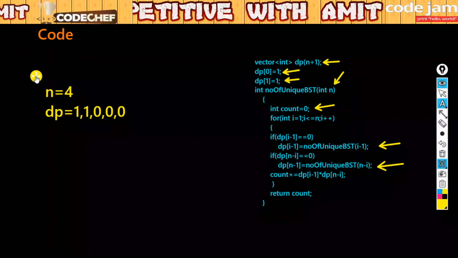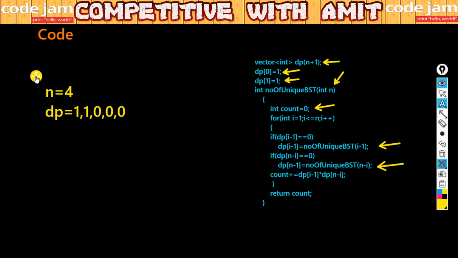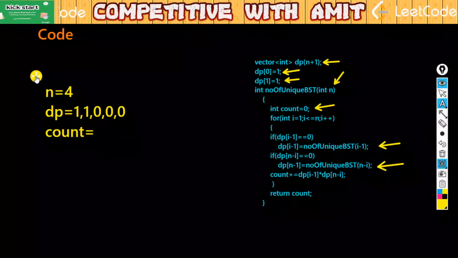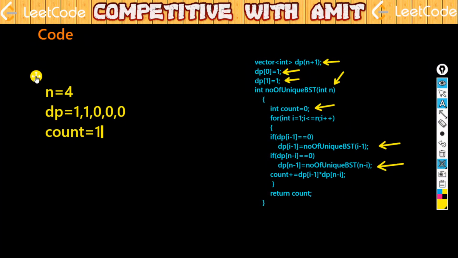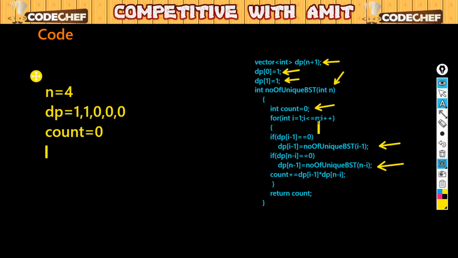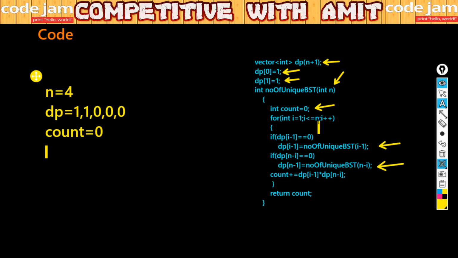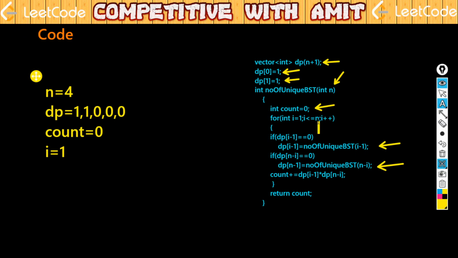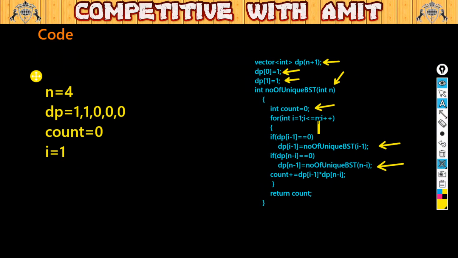After that we are initializing count. Count will be 0 initially. So I have now started iterating from i equals to 1 to n. So i equals to 1 initially.